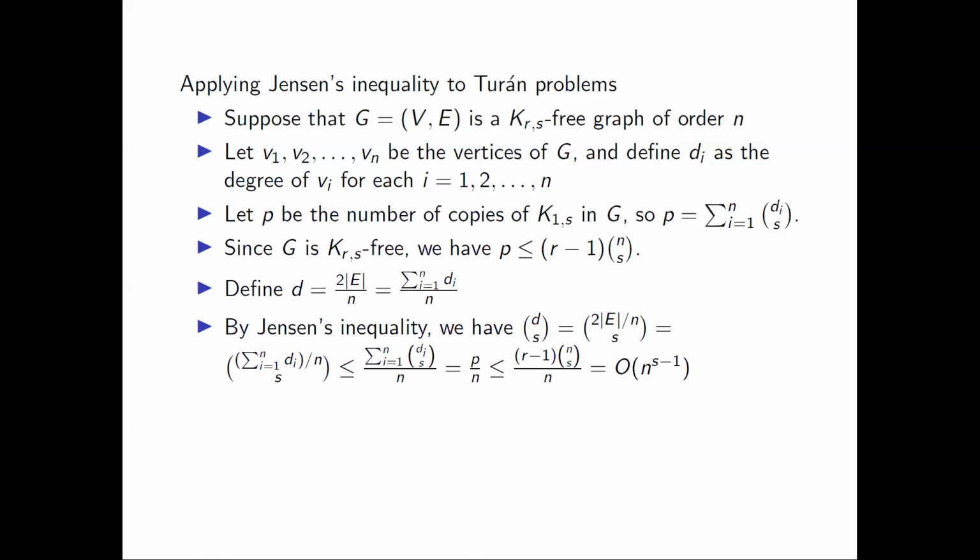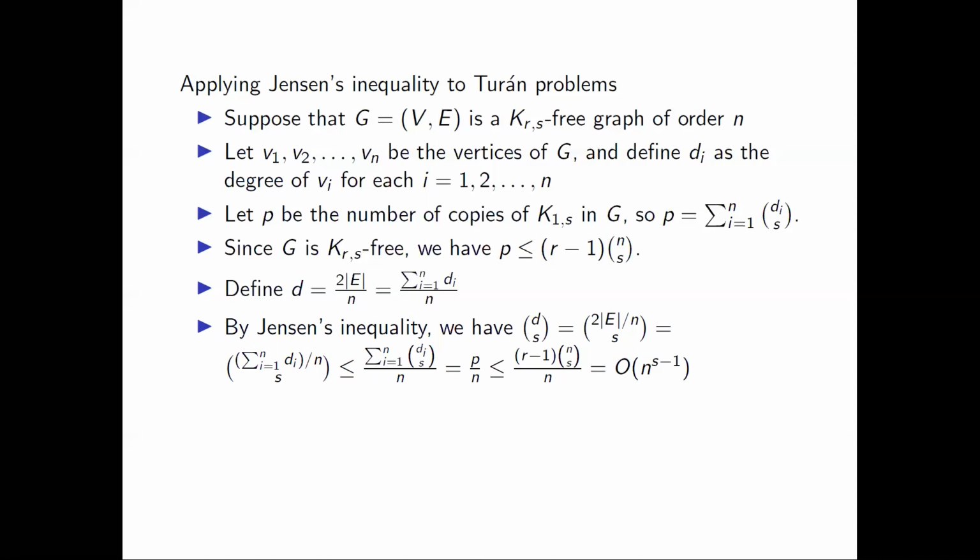Here's where we can apply Jensen's inequality. We can use the fact that D choose s, where D is 2 times the cardinality of E over n, can be written as the sum from i equals 1 to n of di over n, choose s. And then here is where we apply Jensen's inequality.